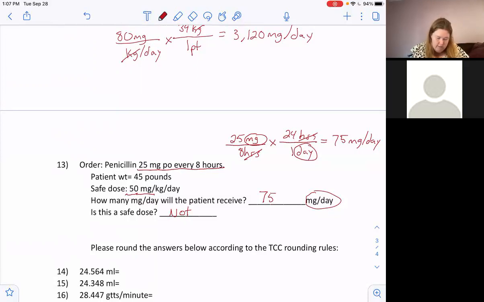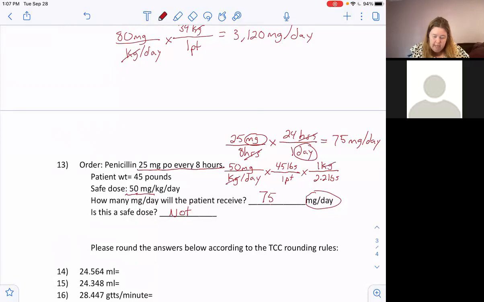We've got to calculate the milligrams and kilograms. Okay, so we're going to start with 50 milligrams per kilogram per day. And 45 pounds is one patient. And then we need to convert the pounds to kilograms, so 2.2 pounds is 1 kilogram.